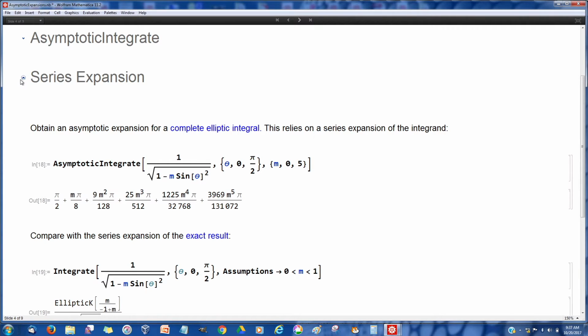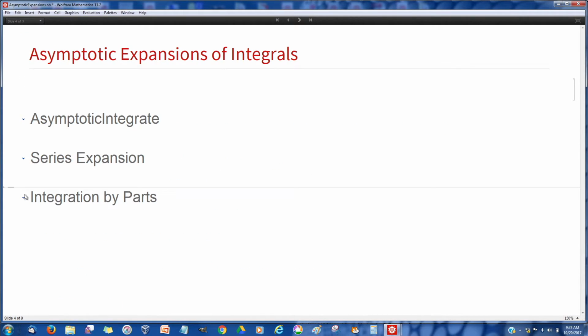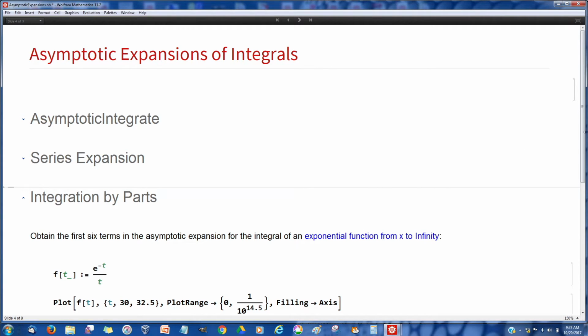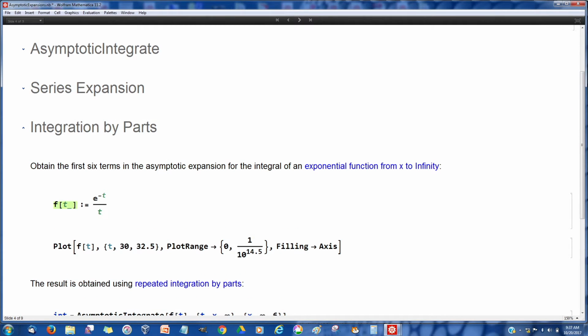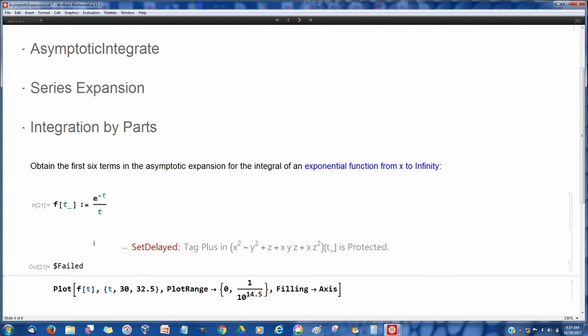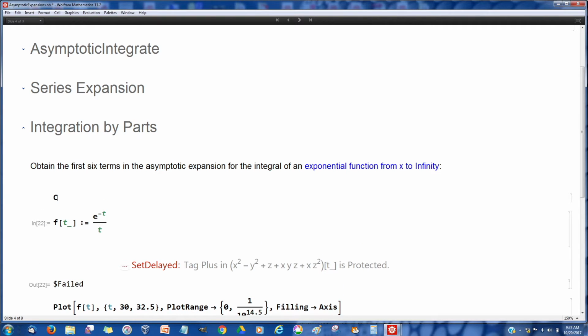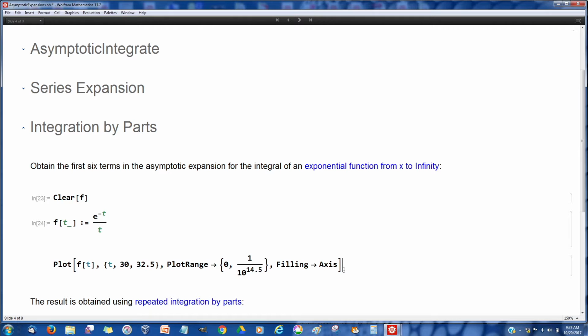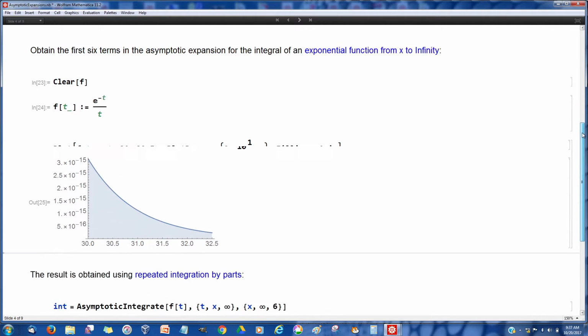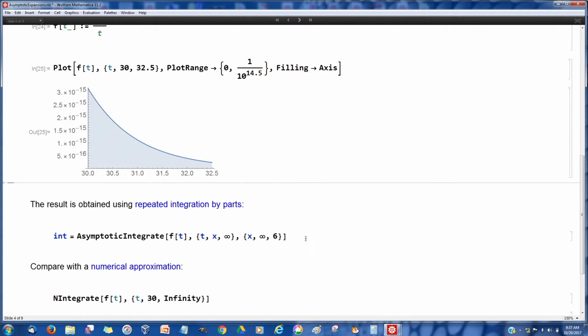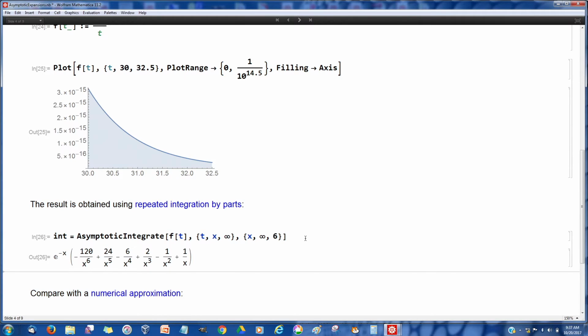But the other way is to look at NIntegrate, its numerical counterpart. Here's an example where you have an exponentially decaying function. Here's the plot of the function, and I want to find the tail end of the integral. So I do an AsymptoticIntegrate, but this time it used repeated integration by parts.